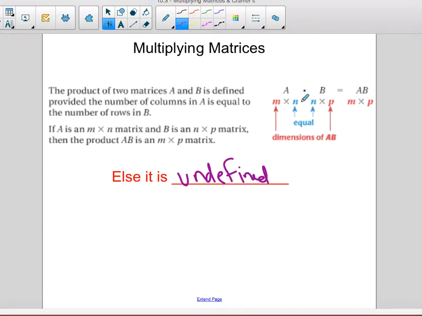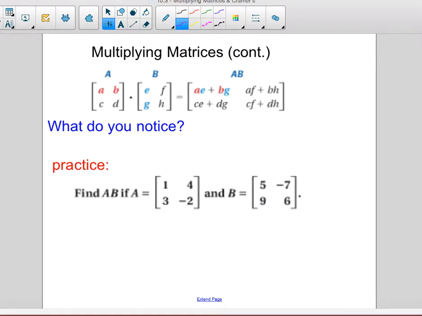Just keep in mind, for A times B, the number of columns in A has to match the number of rows in B. So B times A may not work. A times B is not the same thing as B times A with matrices. It's the one time the order matters in multiplication, unlike when you're just doing regular numbers.